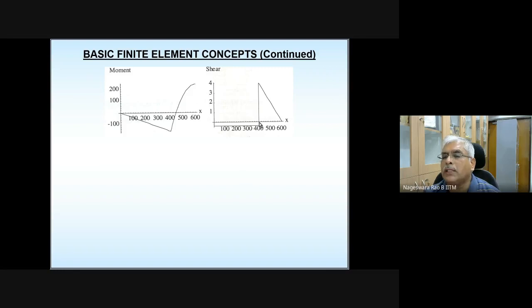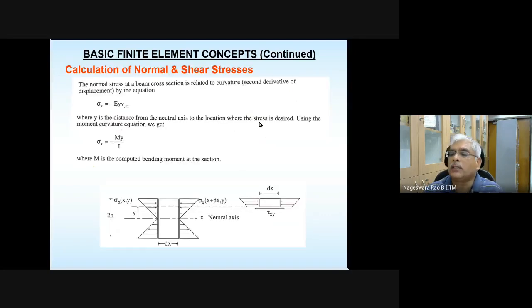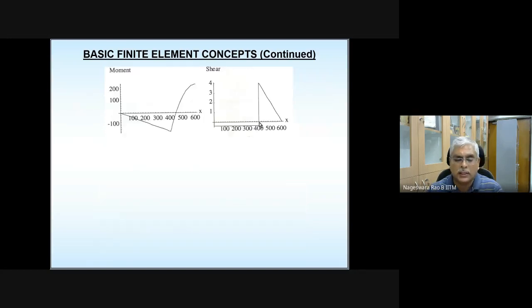Please note that bending moment and shear force are called stress resultants. When we are designing the beam, we are more interested in stresses. So the next topic is calculation of shear and normal stresses. That we'll see in tomorrow's class.